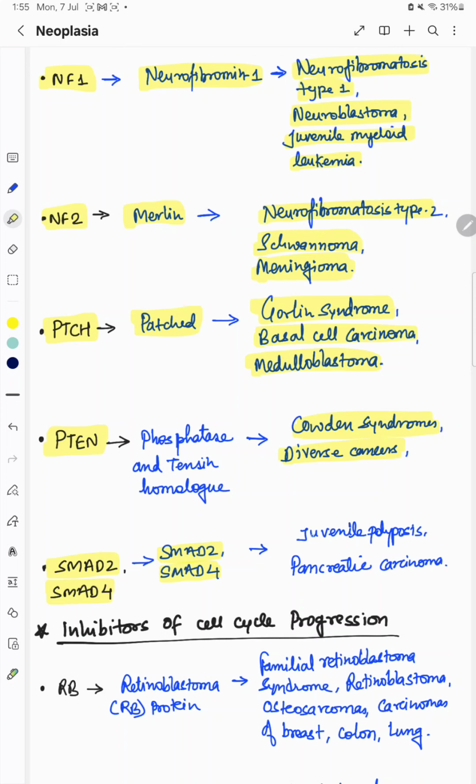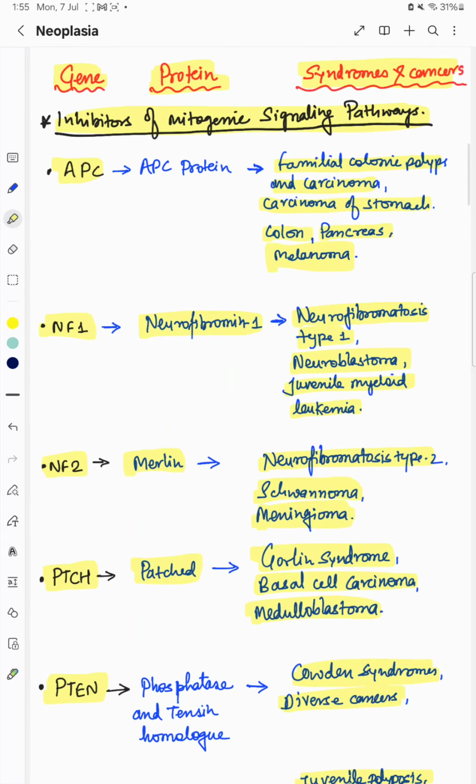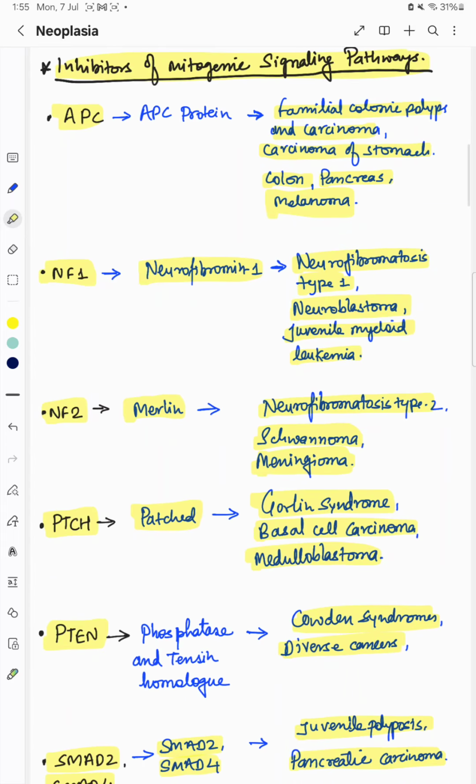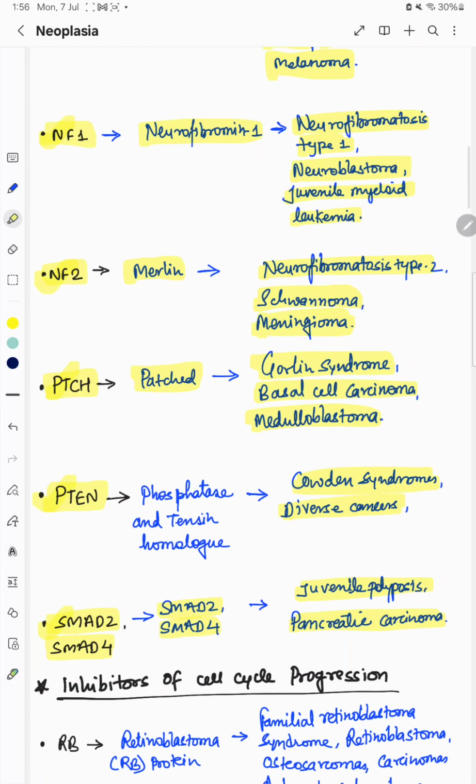Mutation of these genes will result in juvenile polyposis and pancreatic carcinoma. So in the first category, inhibitors of mitogenic signaling pathway, we have discussed APC, NF1, NF2, PTCH, PTEN, SMAD2 and SMAD4 genes, their mutations and the cancers associated with them.